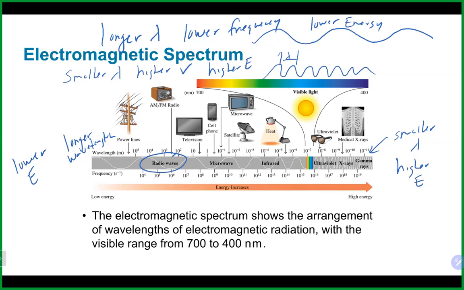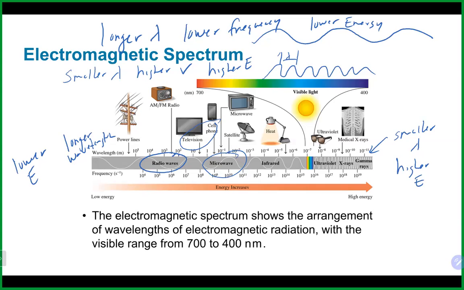Next, we got some television and stuff, and we have some microwaves, right? Microwaves have a little bit more energy, a smaller wavelength than radio waves. That's good because when we put our pizza in the microwave, it has enough energy to spin our water molecules really fast, and we get pizza in like 3 minutes, which is good for science, right?